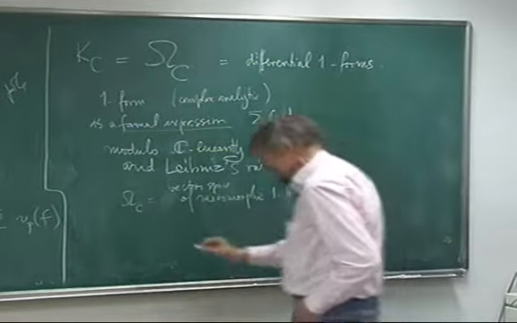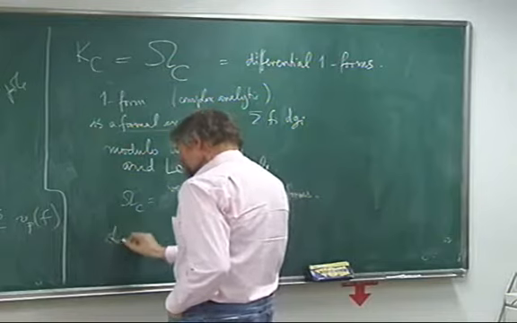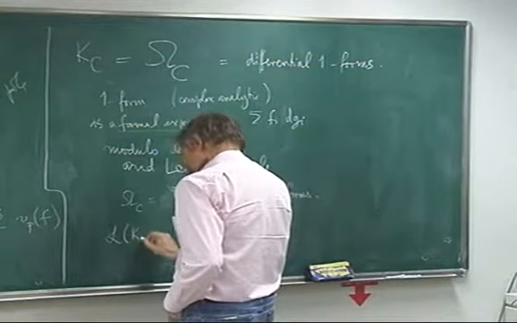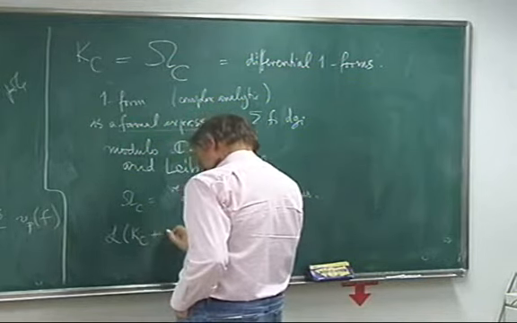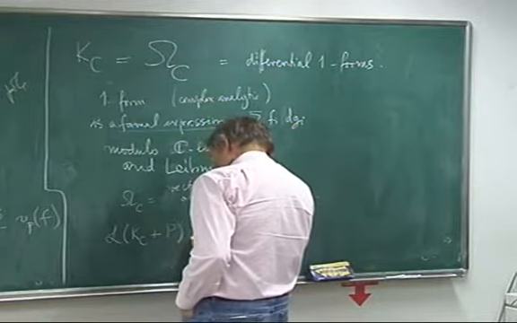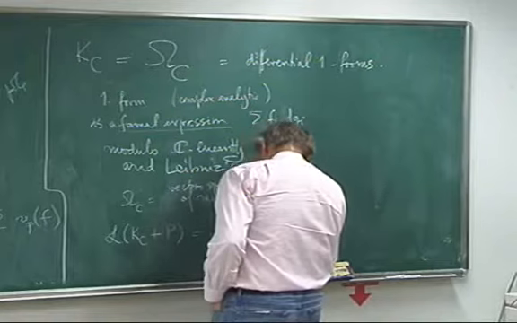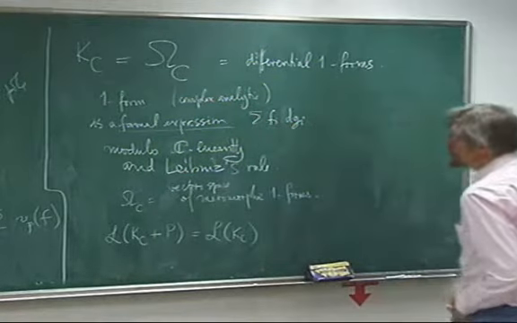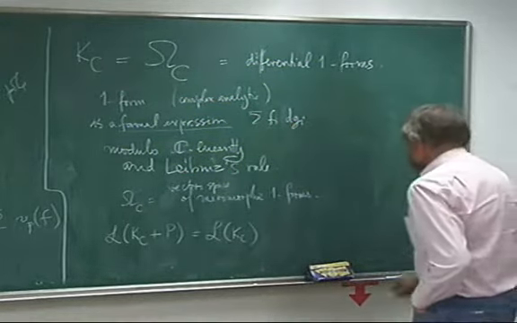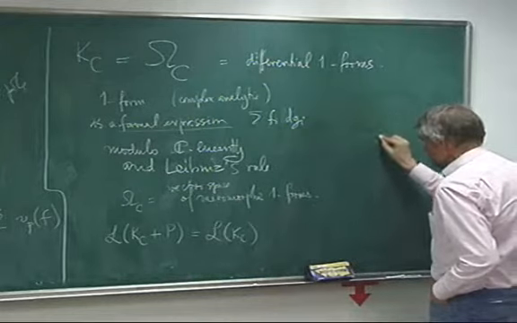Right. So at this stage I only want to say one little thing here, which is this: L of Kc plus P is equal to L of Kc. And the reason for this is I'm going to just draw it.